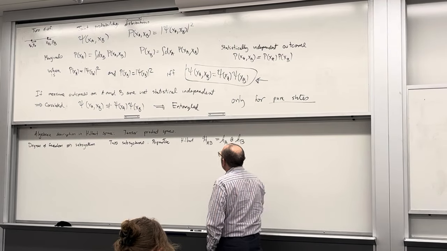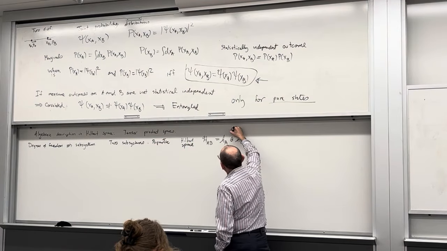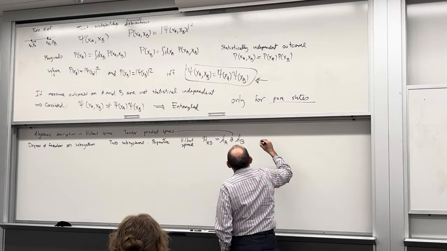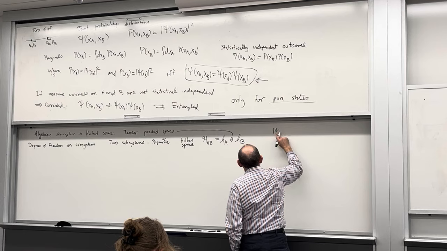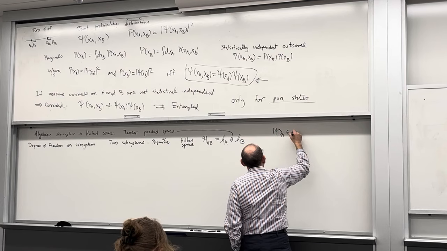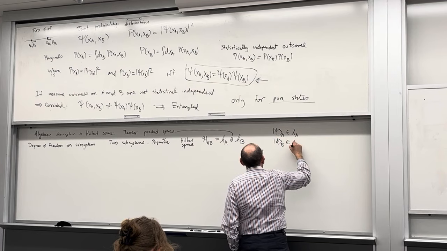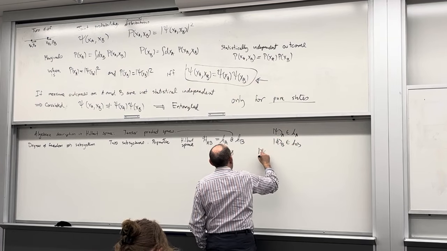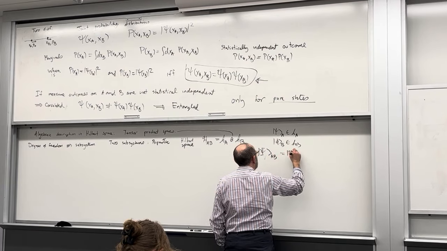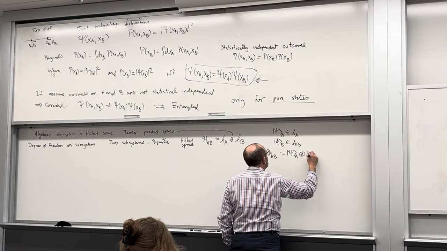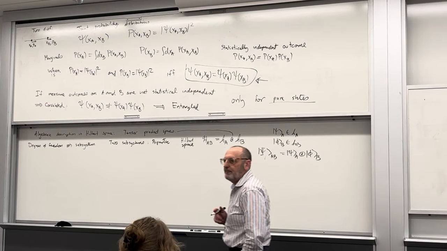Where this is the tensor product. And we define the tensor product such that if we have a state psi in Hilbert space A and a state phi in Hilbert space B, then we define a state in the joint system as the tensor product, as such. Okay?